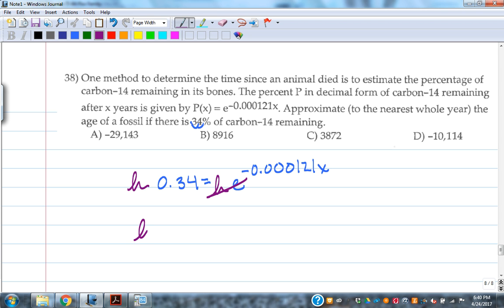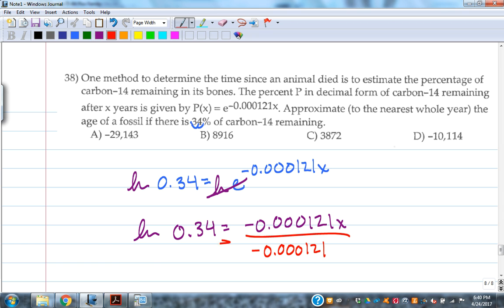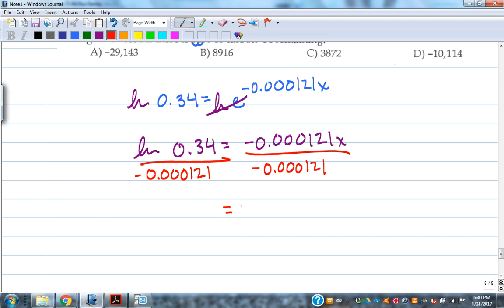Cancels the E out. We got natural log of 0.34 equals negative 0.000121 X. So I divide by that decimal. And that should give me how many years?